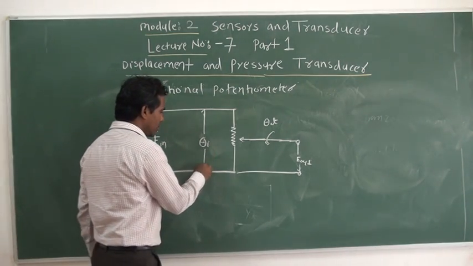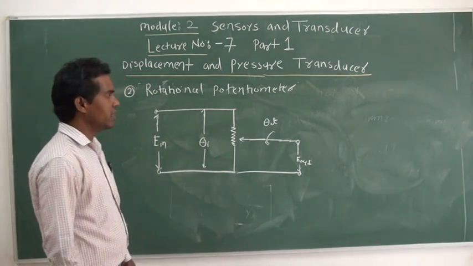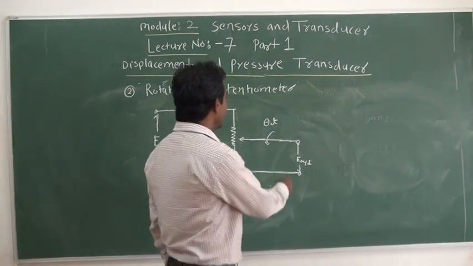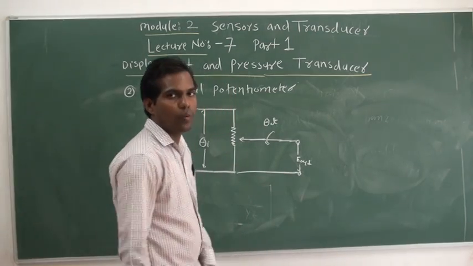Theta I is an input angular displacement, and theta t is the total length of a wiper.